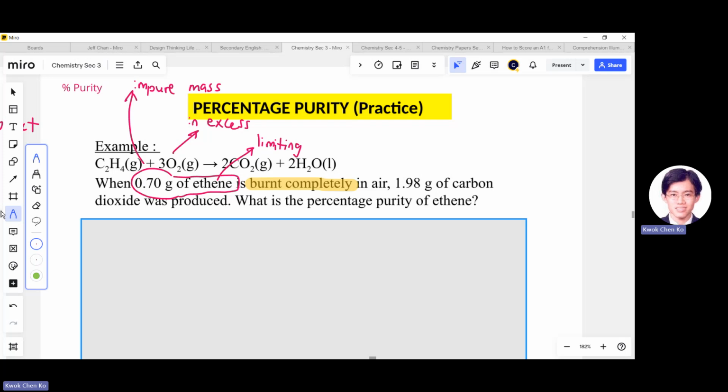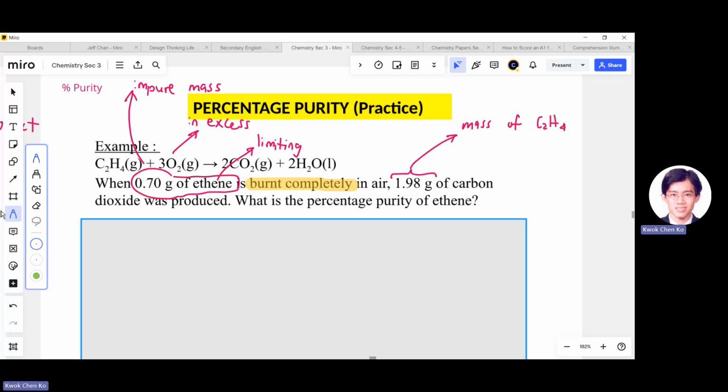There is some impurity inside. Now, the logical thing to do is make use of this to back calculate to find out the mass of it.